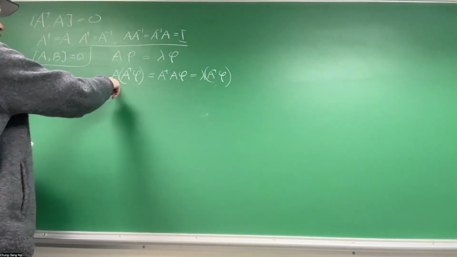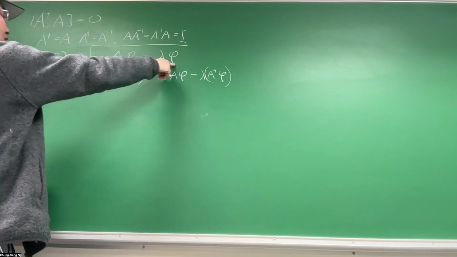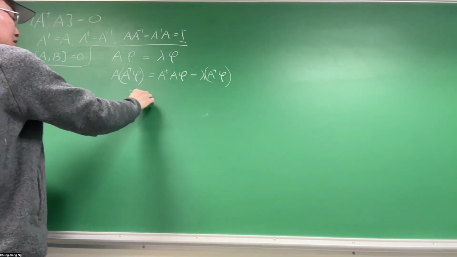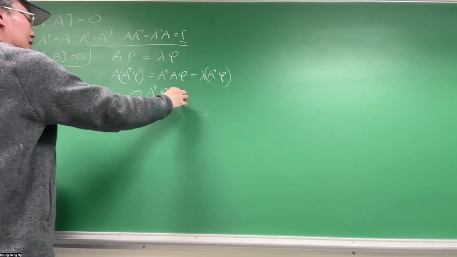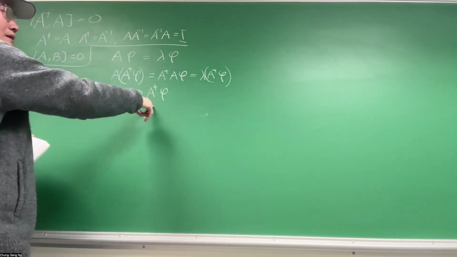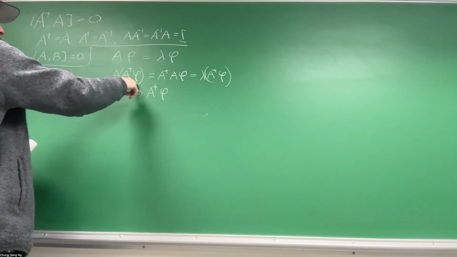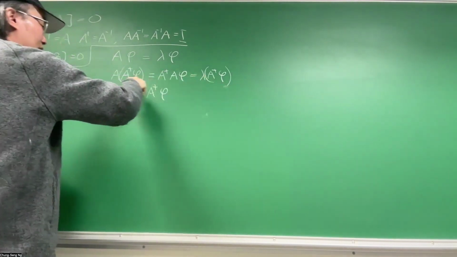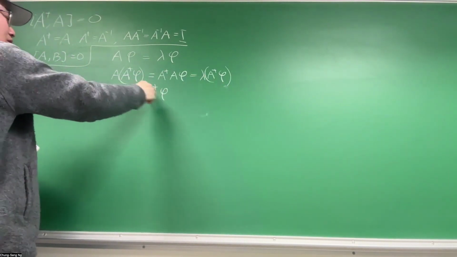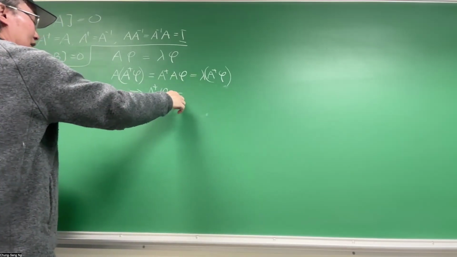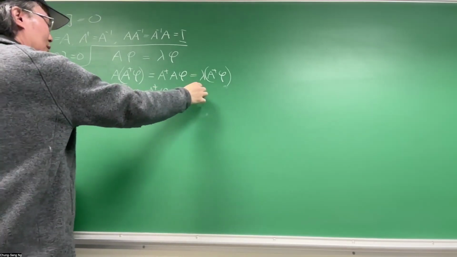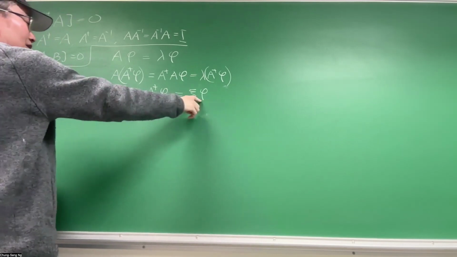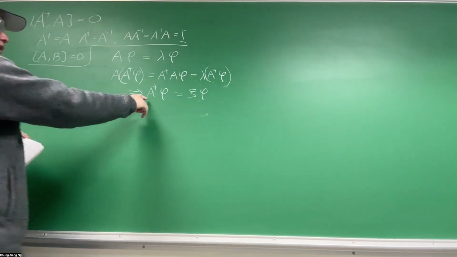For the non-degenerate case, because A phi is lambda phi and A operating on this vector gives this vector, it means that A dagger phi must be proportional to phi, because this is already an eigenvector. It is the same eigenvector for the non-degenerate case, up to a proportionality constant. Say the proportionality constant is C, so A dagger phi equals C phi. This is itself an eigenvalue equation.